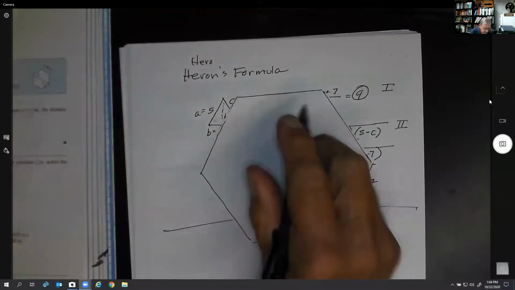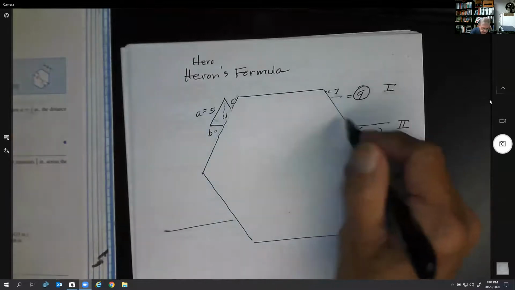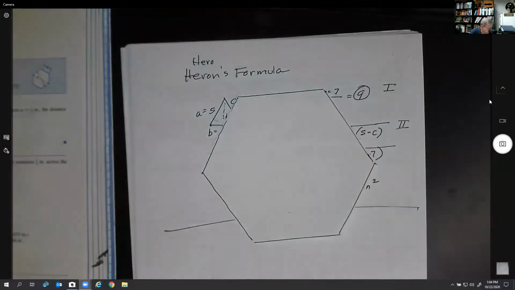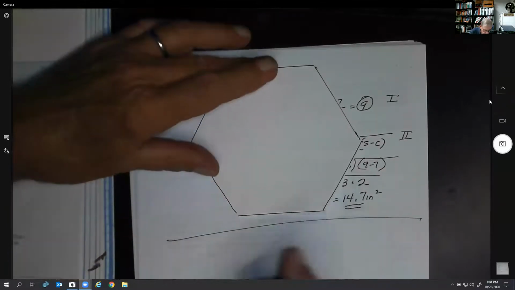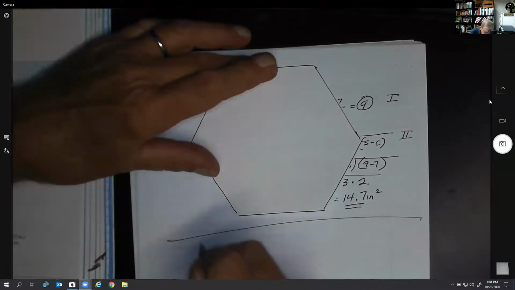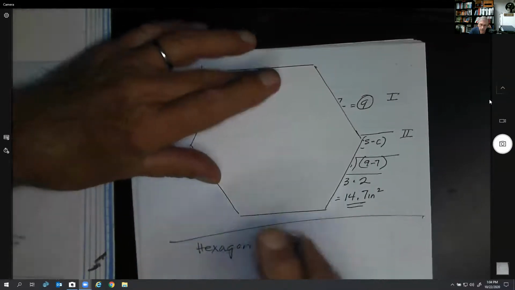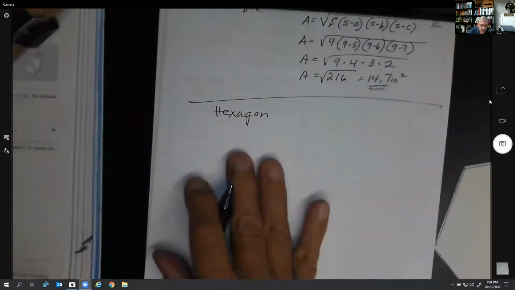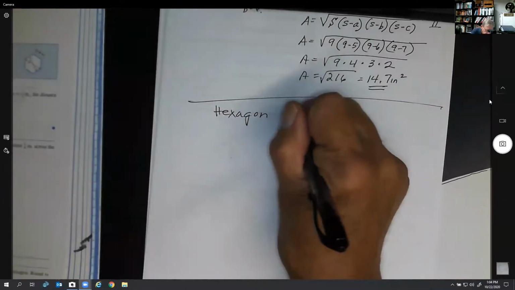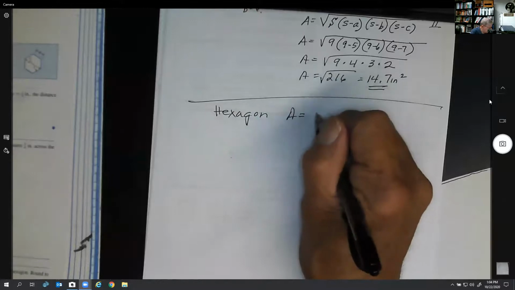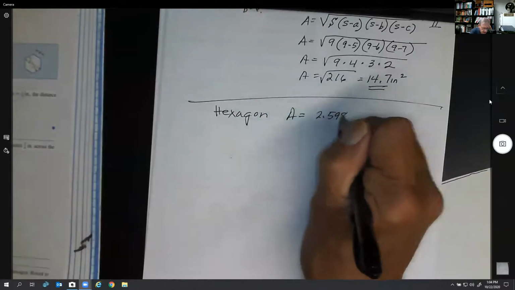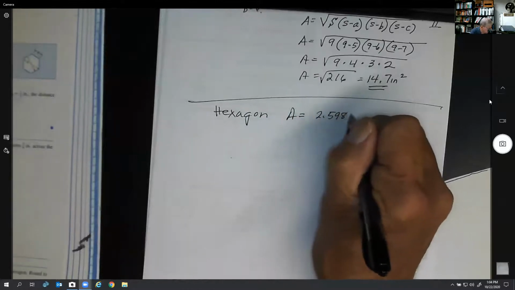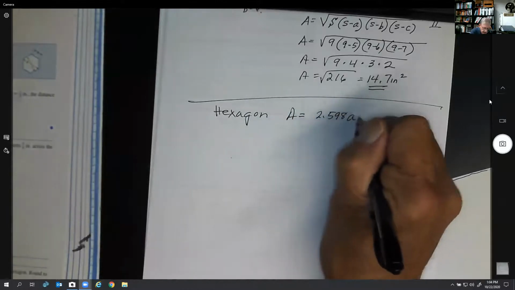Okay, a hexagon, all these angles are 60 degrees going around this thing. And this isn't really drawn too well. So there's a formula for the area of a hexagon. The area of a hexagon is equal to 2.598, almost 6, huh? 2.6, you could almost round it off to, times A squared.